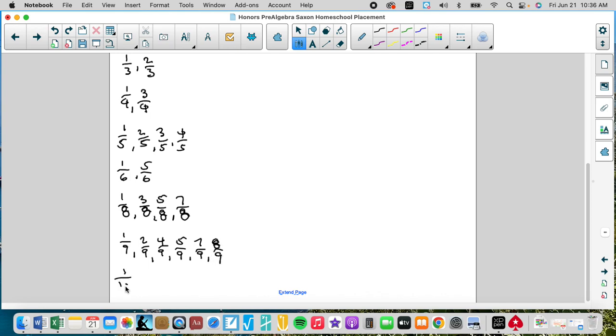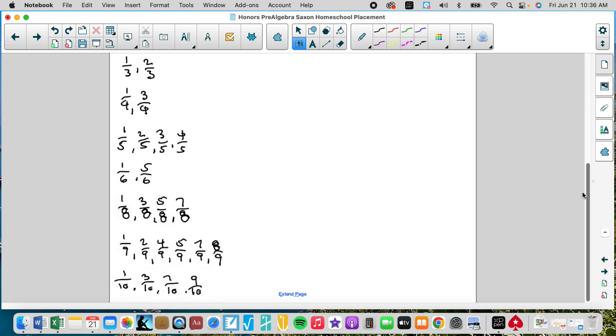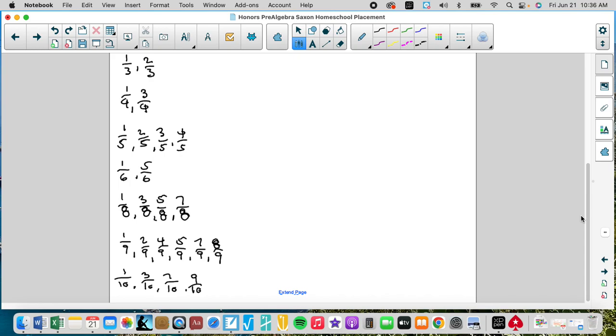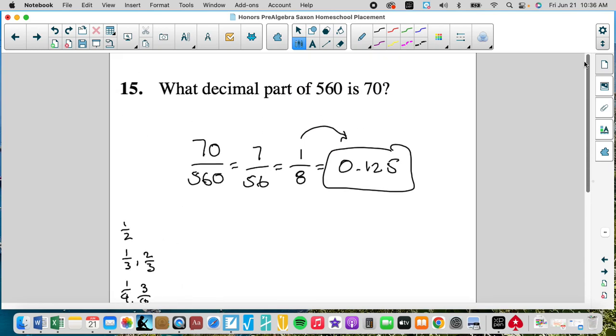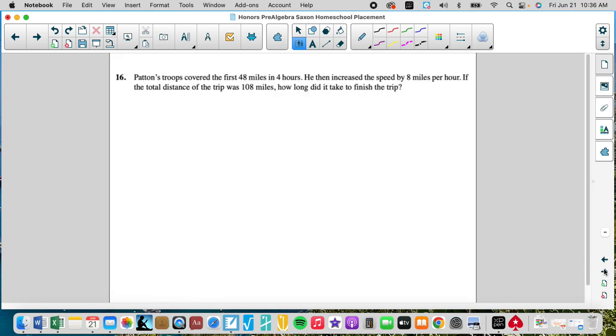And tenths, yes, 1/10, 2/10, 3/10, 4/10, 5/10, nope. 6/10, no. 7/10, yes. 8, 9/10, yep. You should know tenths. So those are the fractions that you should pretty much know by heart on automatic converting. So just giving you a little measure of what the depth of your knowledge should be.